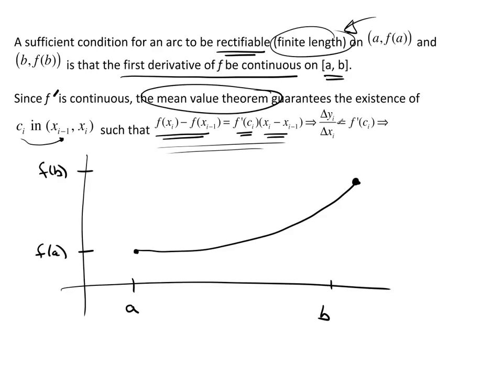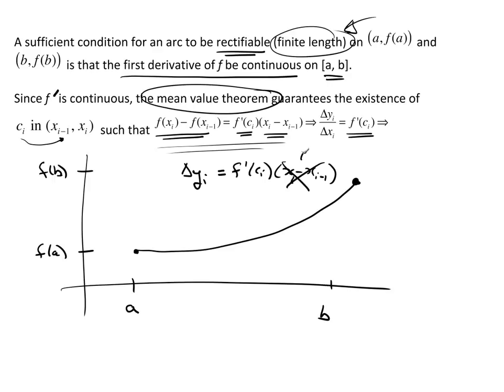This then implies that delta yi over delta xi is equal to f prime of ci, which is another form of the slope. To see where that comes from, f of xi minus f of xi minus 1 is delta yi. So this is equal to f prime of ci times xi minus xi minus 1.